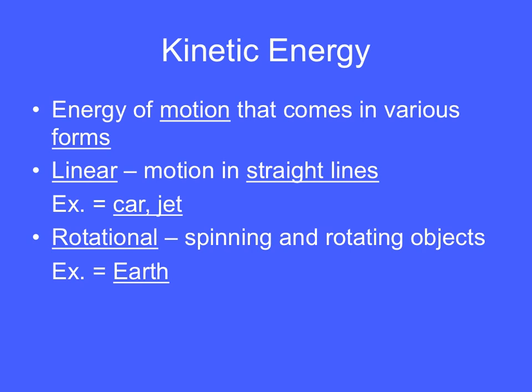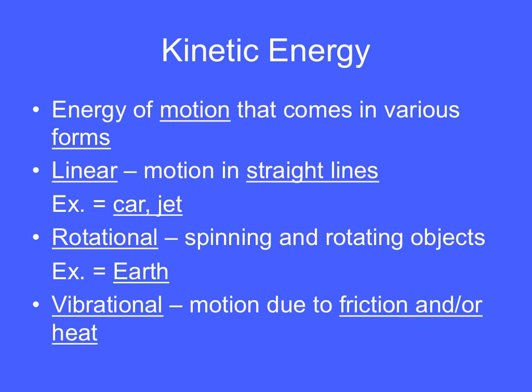In other words, every 24 hours we come back to the exact same location that we were as we spin, but we also are rotating at the same time around the sun. Vibrational energy is motion due to friction or heat, and this would include the energy of different particles of matter that they have based on their phase or state, whether it's a solid, a liquid, or a gas.